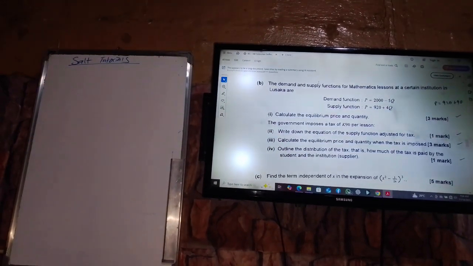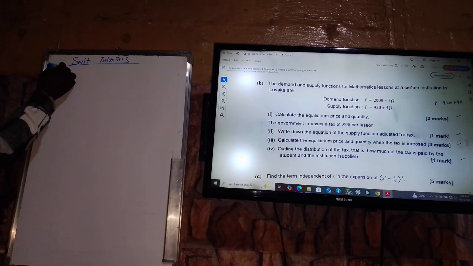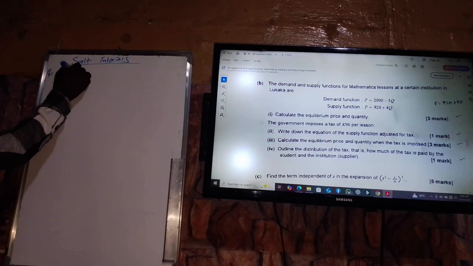Okay, so now let's go to the second part of the question. I'm looking at a different question now where we are going to the binomial concept. So this question says find the independent term.